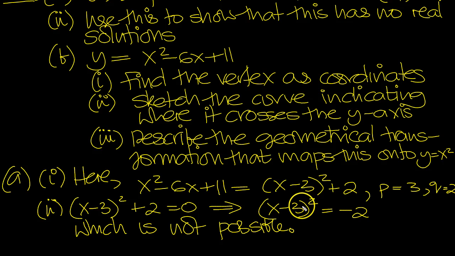Since we're squaring this, it would be greater than or equal to 0, and this is definitely less than 0. So it's not possible. So it can't happen. So no real solutions.